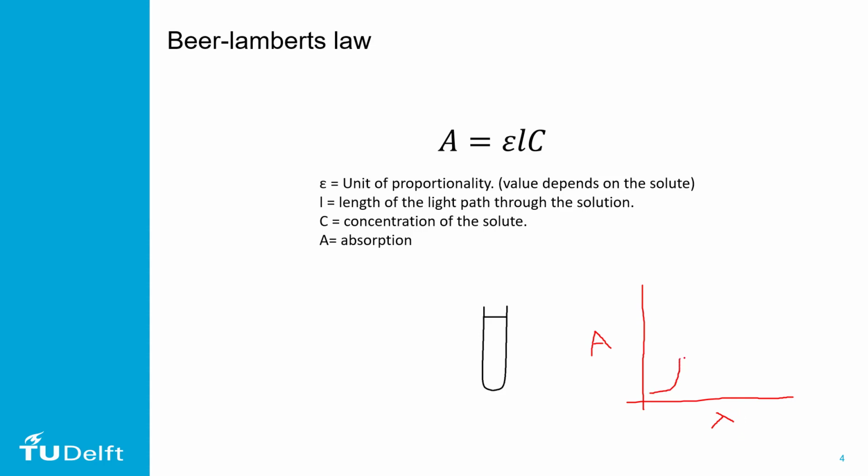And if the graph looks something like this, you would know that at a certain wavelength, the absorption was maximum. And this tells you a lot about what kind of solute it is and how much is the solute present in the solution.